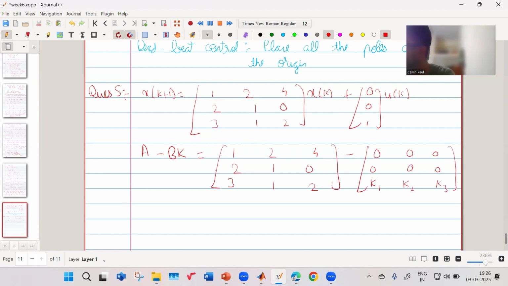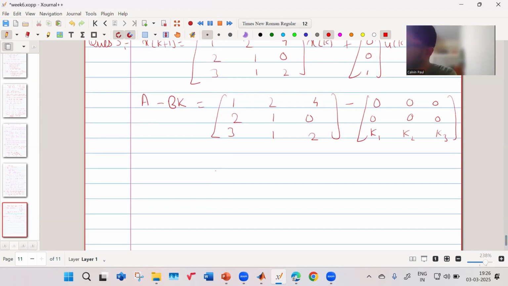So we get A minus BK, which is my A closed loop, equal to [1 2 4; 2 1 0; 3-K1 1-K2 2-K3].